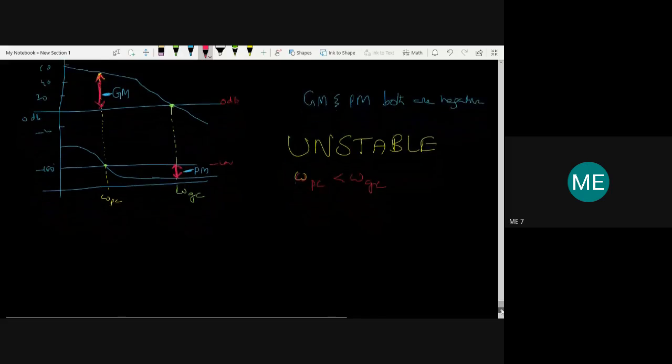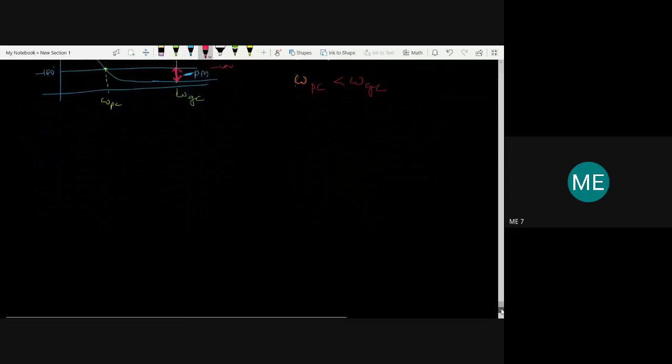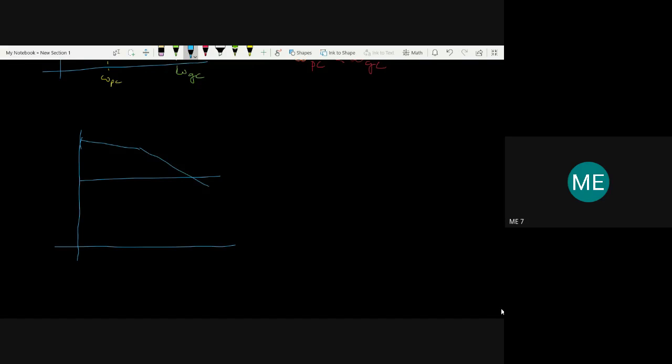Right. Now one more condition, that is marginally stable. Say, for example, this is the Bode plot and this is the phase angle plot.